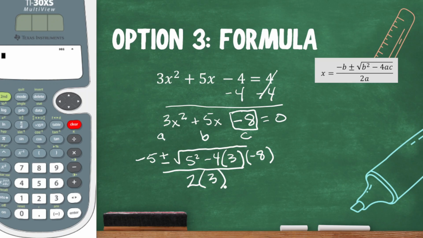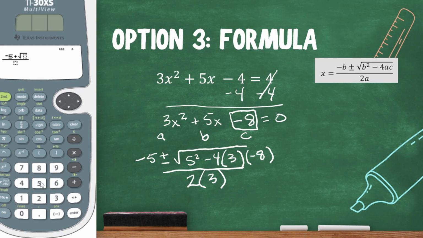Let's enter it into the calculator and let's do it with the plus sign first. So -5, and I'm going to put the whole thing in a fraction, -5 plus the square root. See how that's the little neon square root there? So I have to click that neon button first to get that square root.